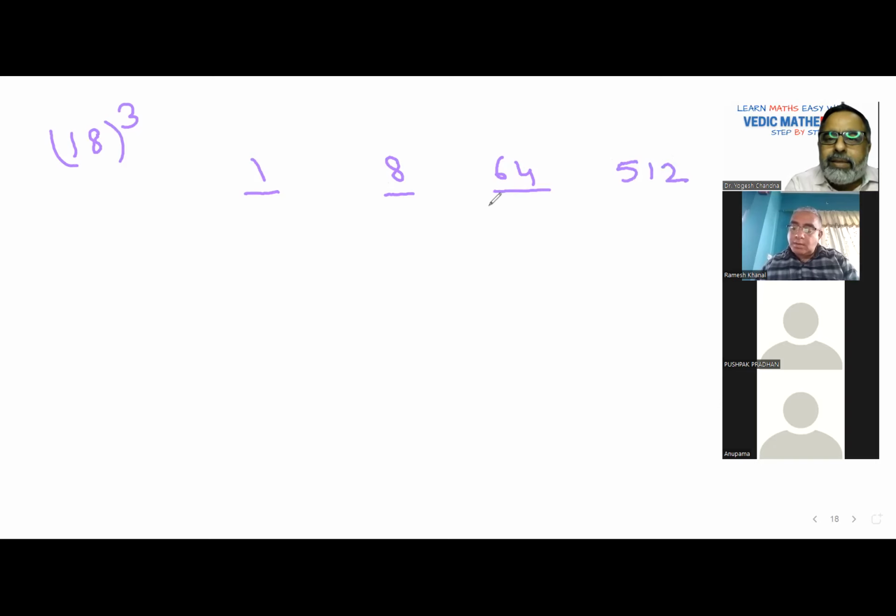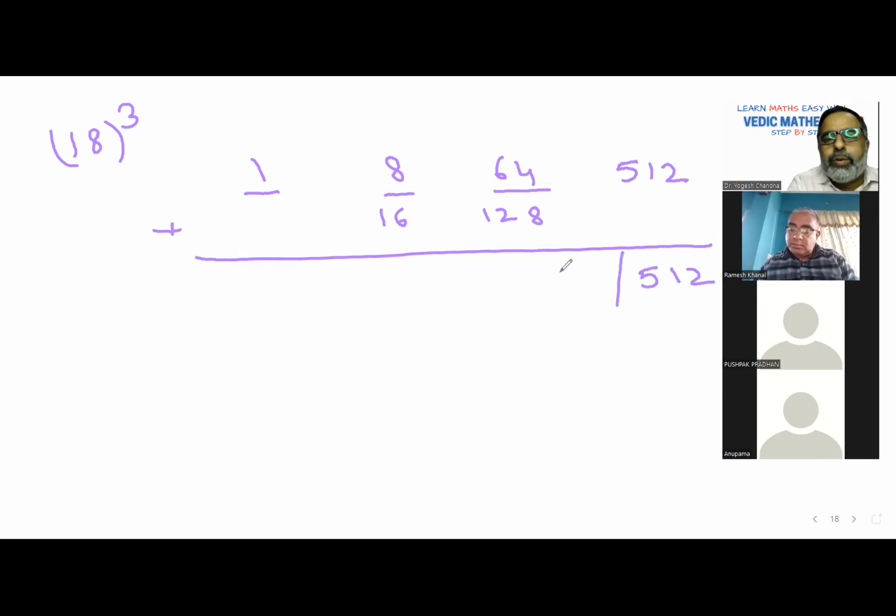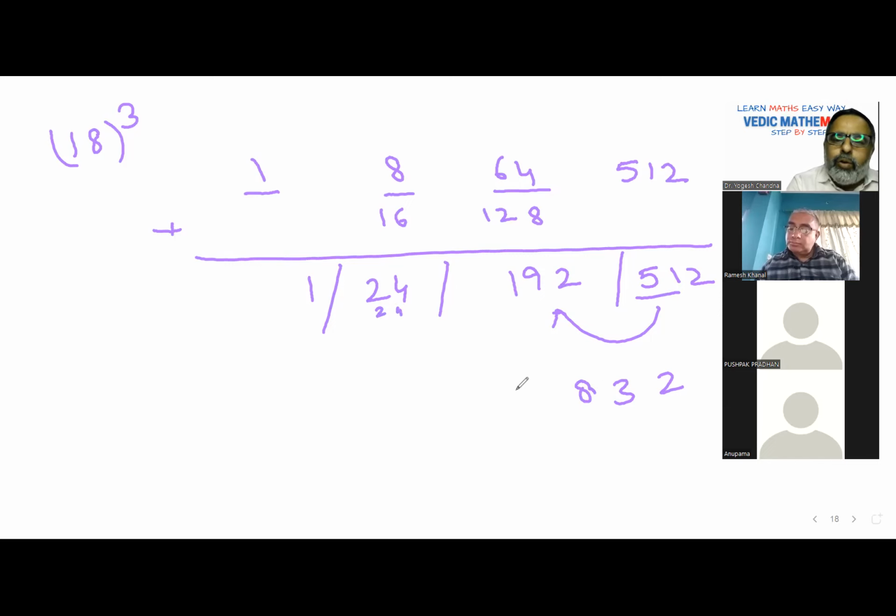I just double this, 128, 16, and I add it. 5, 1, 2, 2, 9, 1, 24, 1. So 51 goes here, 2, 3, 24 goes here. So that becomes 8, 4 goes there.